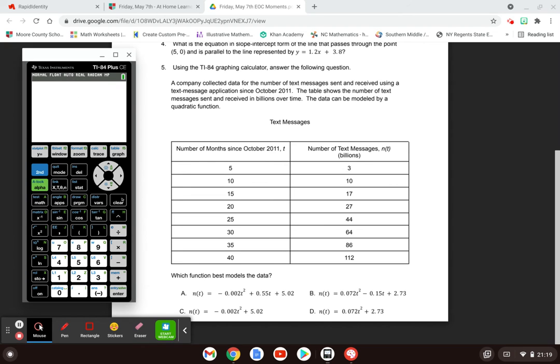All right, so in order to find the equation for this quadratic, we're going to go to Stat, Edit, and we're going to enter list 1 and list 2 using our table.